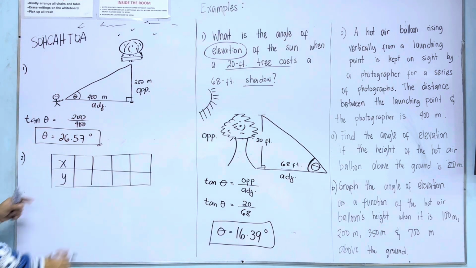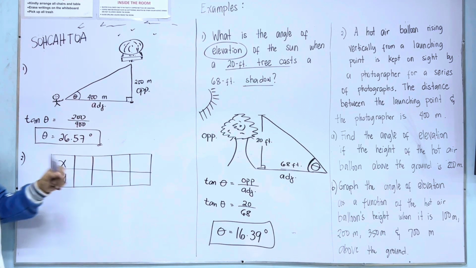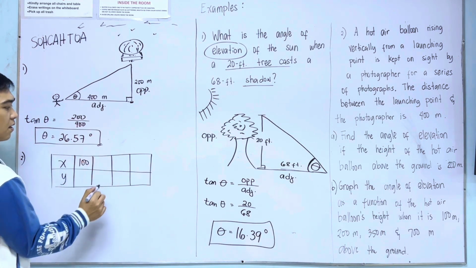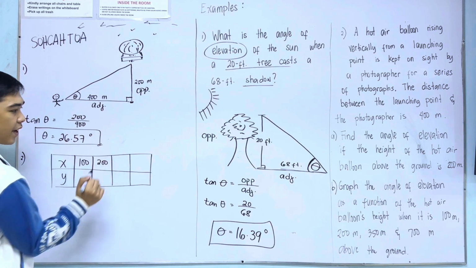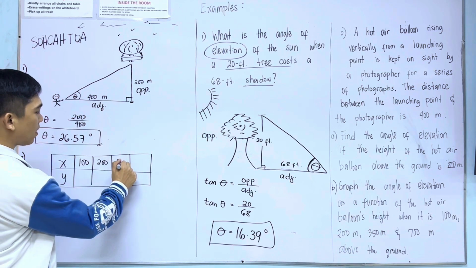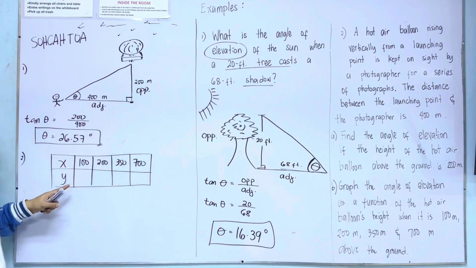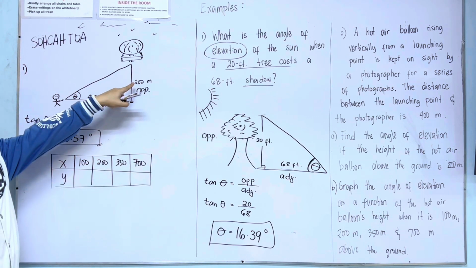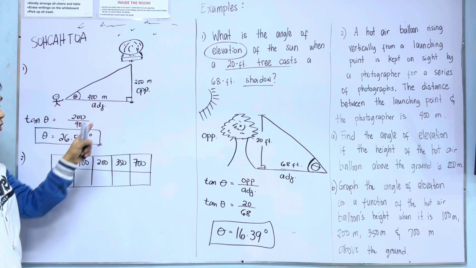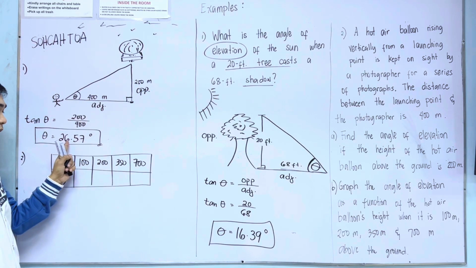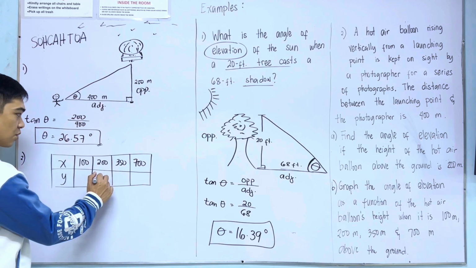X, Y. So, ang X given natin ay si 100, si 200, 350, 700. Now, nakuha na natin yun sa 200. Diba? Ang sa 200 natin, 26.57. So, isulat natin dito, 26.57.